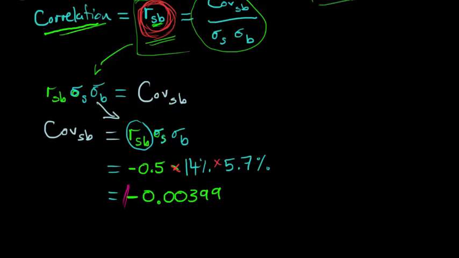And that is the answer. Covariance between S and B is equal to minus 0.00399.